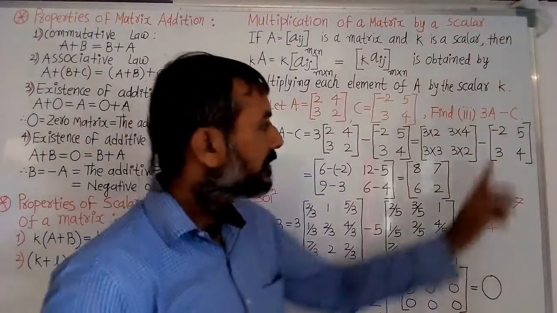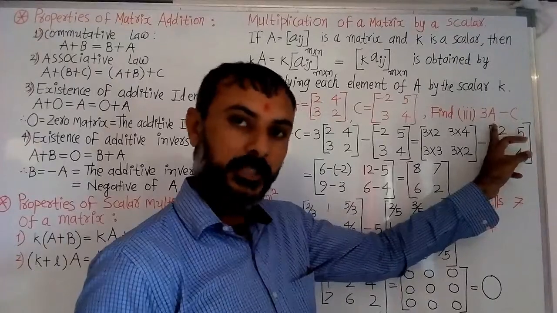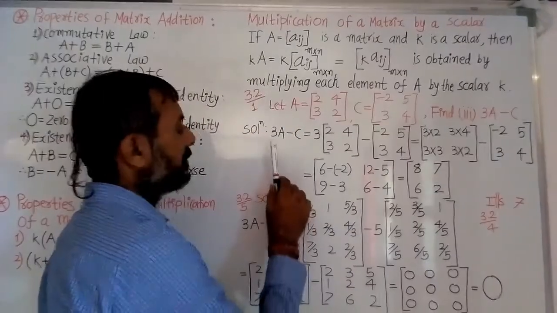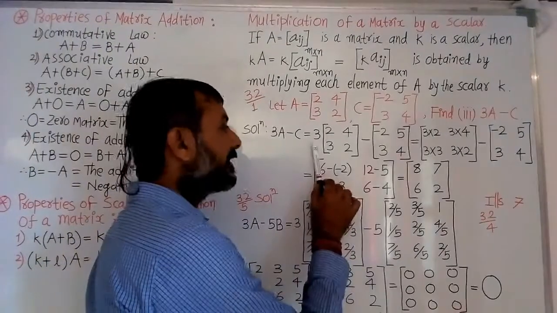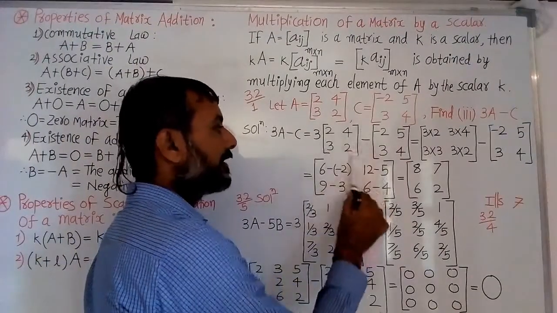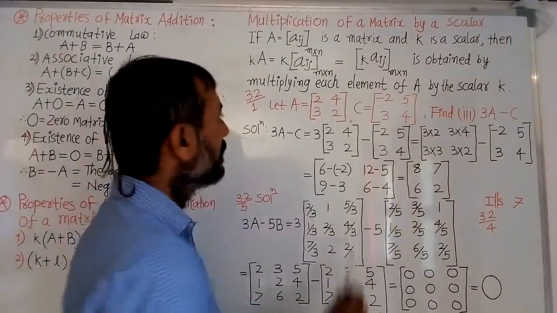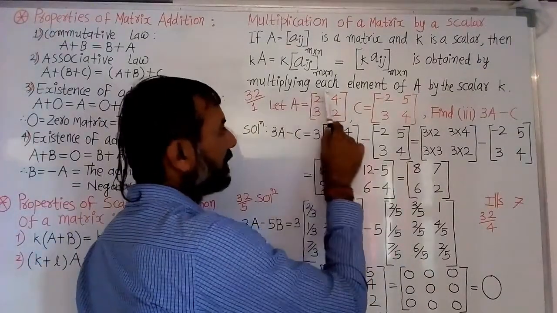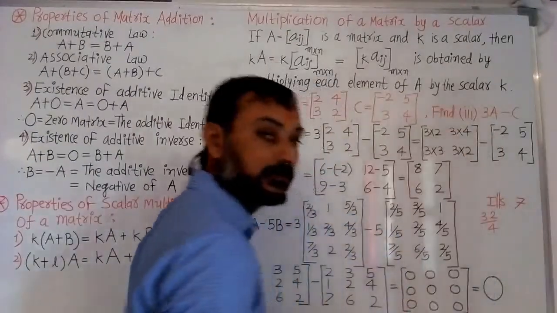Then find out 3A minus C. So 3 is a scalar multiplied by the matrix. Solution: 3A minus C equals 3 into A, which is a matrix, minus C, which is a matrix. So what is the definition? Multiply each element of A by the scalar.